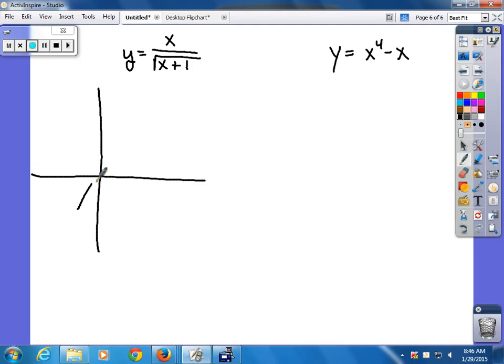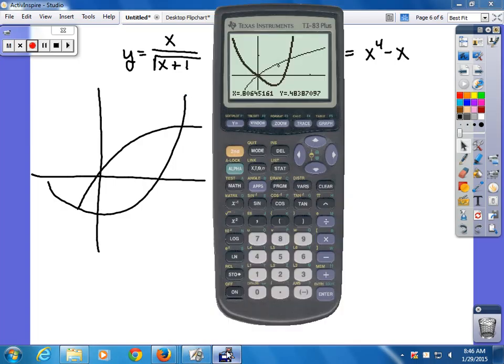It looks something like that, and then something like this. Do both at the same time, something like that. Okay, it crosses at 0, so I need to change mine to 0.